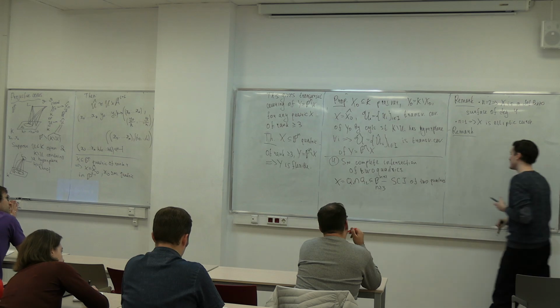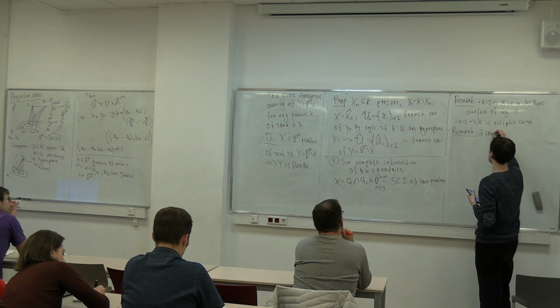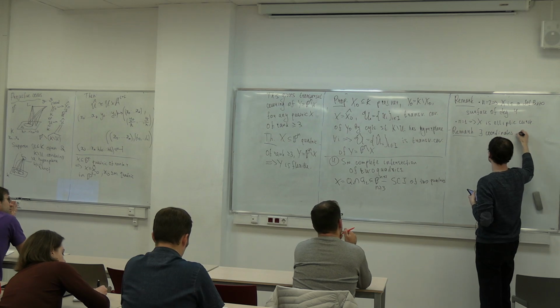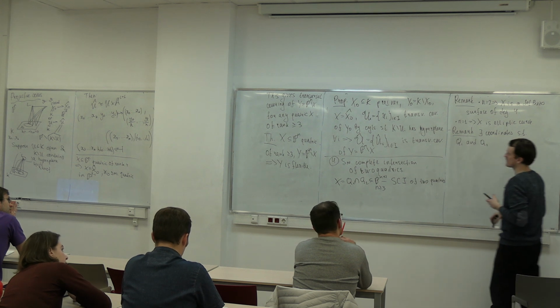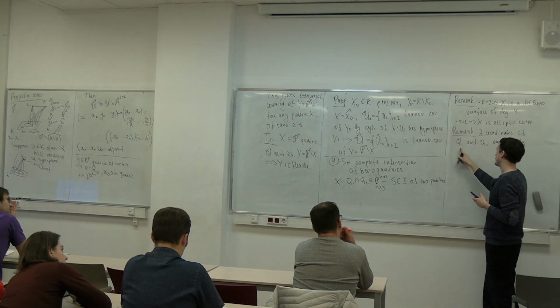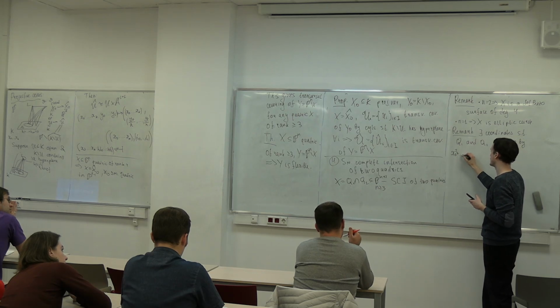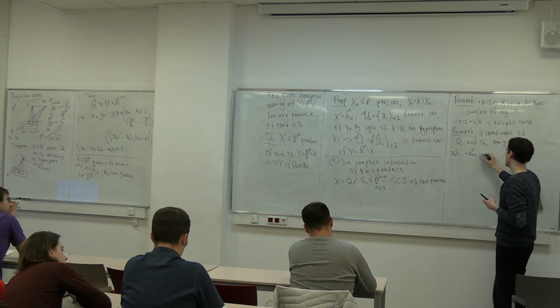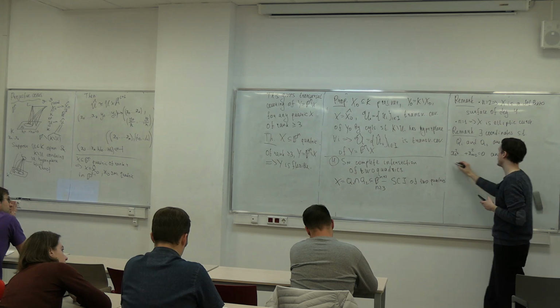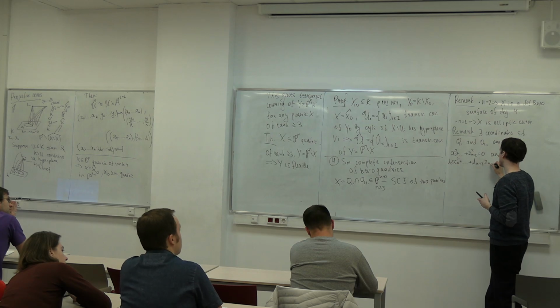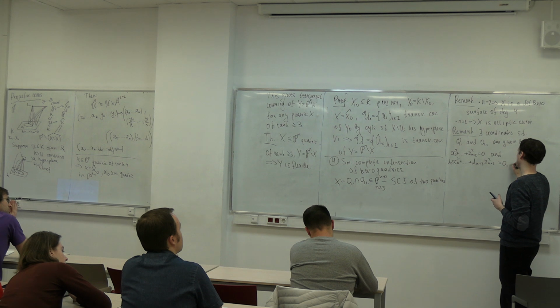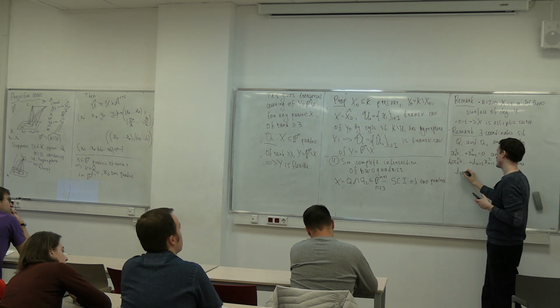Another remark: how does it look coordinate-wise? There exist coordinates such that Q1 and Q2 can both be diagonalized: the first one is just the usual sum of squares, and the second one is the sum of squares with some coefficients lambda i, where the lambda i's are pairwise distinct.